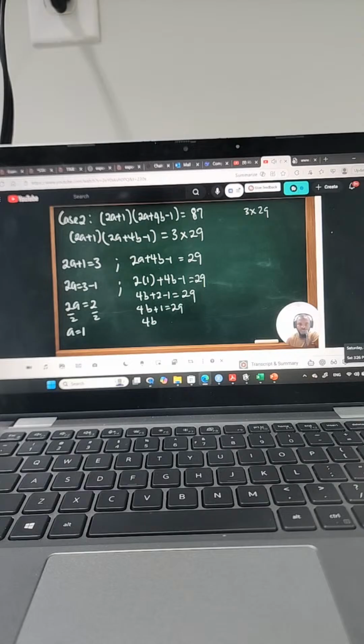So 4b is going to be 28. Dividing both sides by 4, we have b equals to 7. So for the first case, we have 0, 22, and for the second case, we have 1, 7.